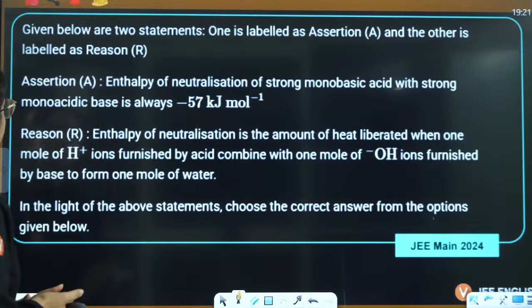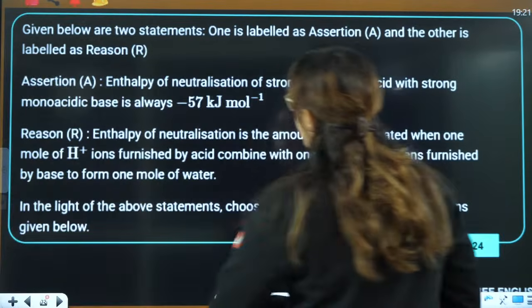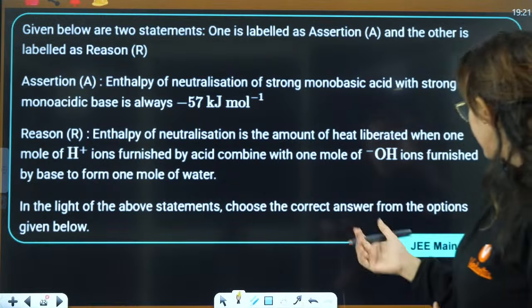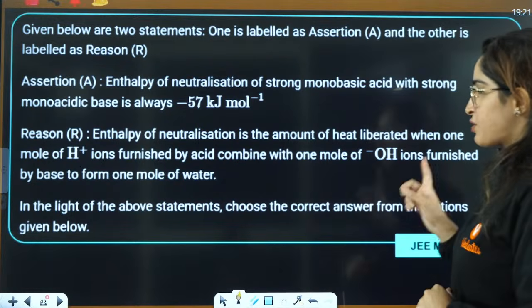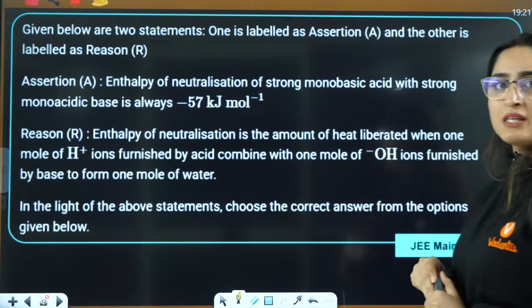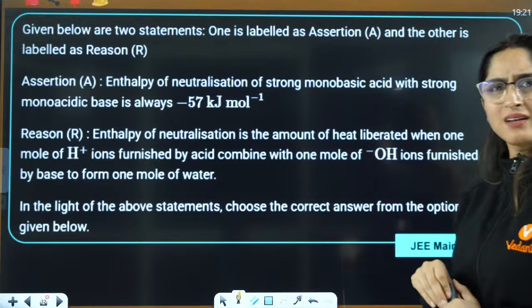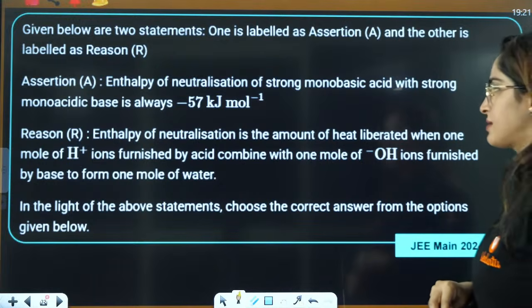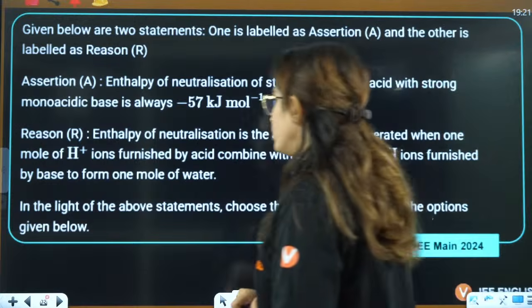Okay. So the question is, given below are two statements. One is labeled as assertion, other is labeled as reason. Assertion is enthalpy of neutralization for strong monobasic acid, meaning 1 gram equivalent, with monoacidic base is always this. That is true.